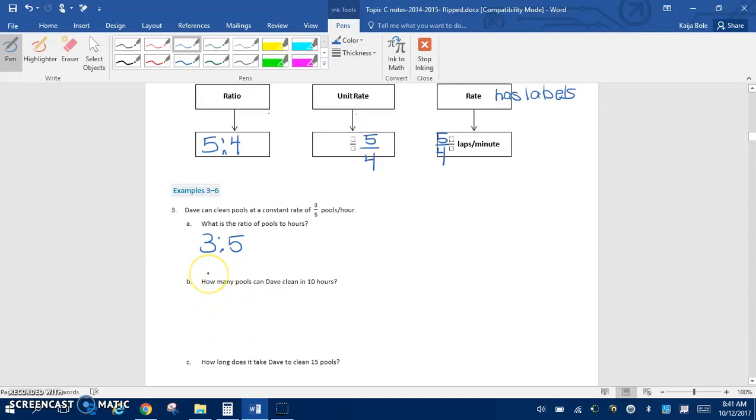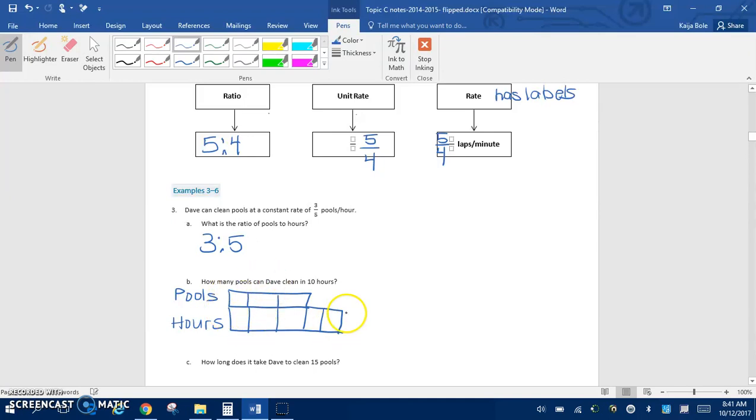So we're going to go back and revisit our tape diagrams just so we don't forget. We've got pools and we've got hours. We know the ratio was 3 pools to 5 hours. So we put 5 boxes on the bottom.